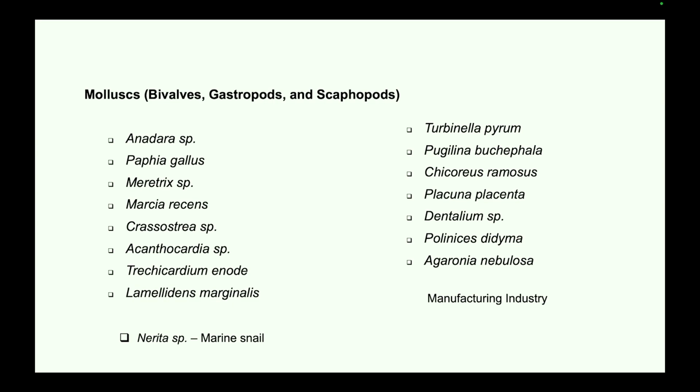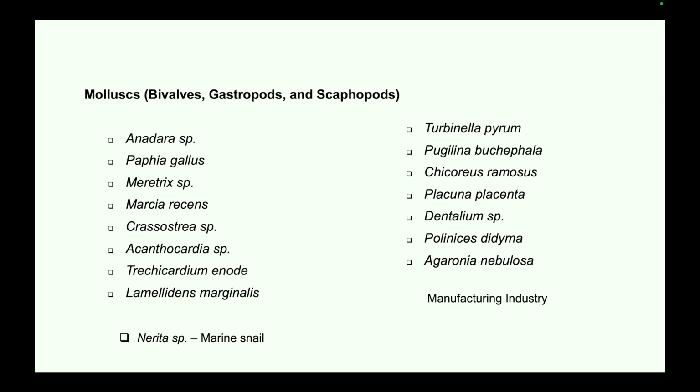These are the different categories of the species of the molluscs, as well as Turbinella pyrum, Pugilina bucephala, Chicoreus ramosus, Placuna placenta, Dentalium species, Pollia didyma, Engina nebulosa.